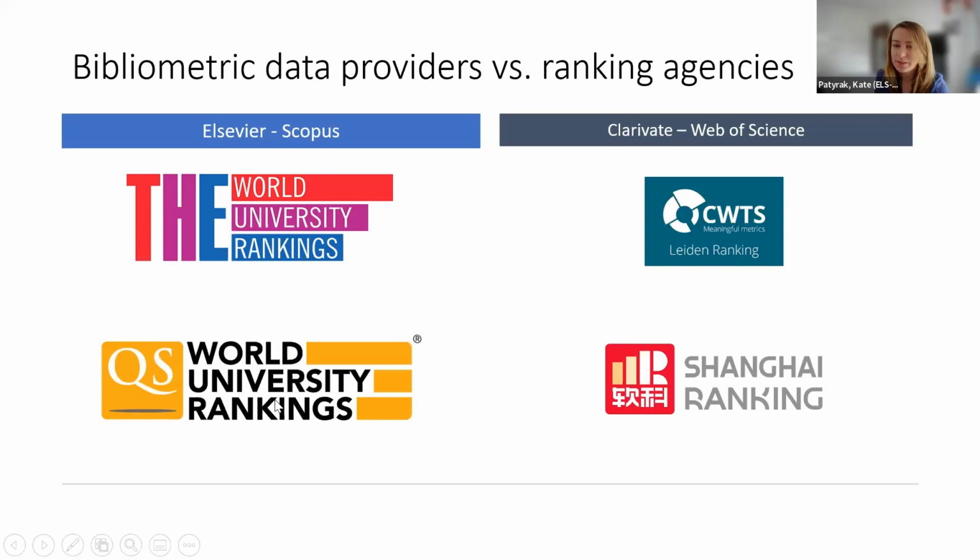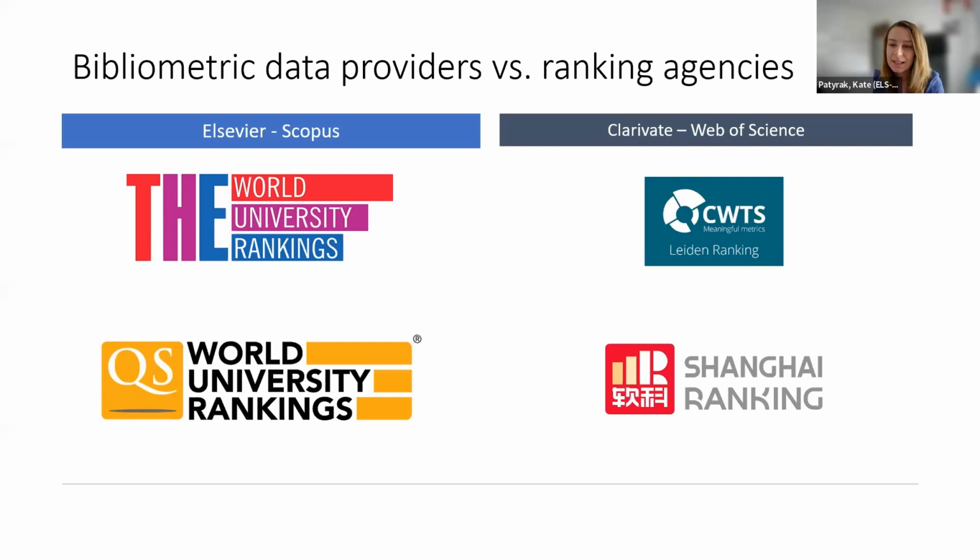The major rankings are THE and QS, plus CWTS and the Shanghai ranking. Both THE and QS use solely Scopus as a data provider for the bibliometrics used in the rankings. In addition to the bibliometrics, THE also, I was going to say, relies on Elsevier to send out a reputation survey, but I think this changed from this year.